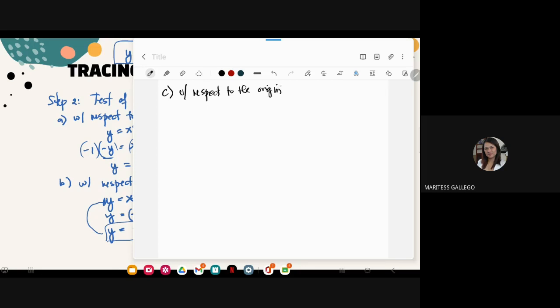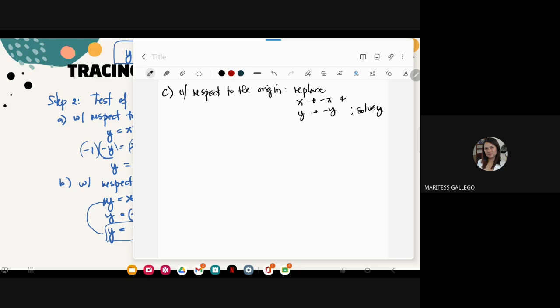So if you want to know kung symmetric siya with respect to origin, then what will you do? We replace now x by negative x and y by negative y. Dalawa na. And then what will you do? Solve for y. If it gives us the original function, then symmetric to the origin.